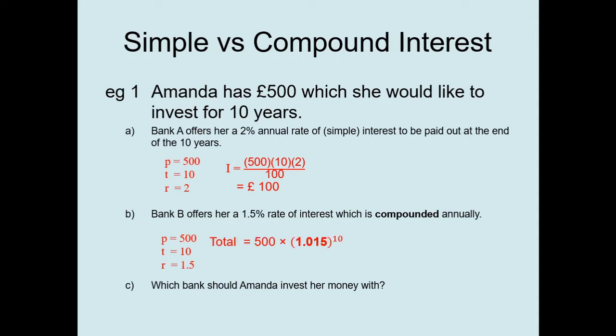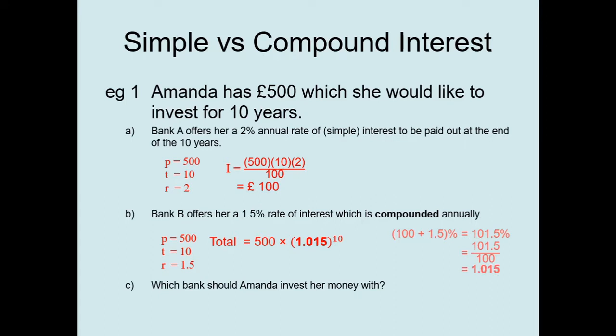So although this may look a bit confusing to you, it's an oversimplification of what we started with. Remember, we're increasing 500 by the 1.5%. That's finding 100% plus 1.5% of the 500. Well, 100% plus 1.5% would be 101.5%, which I could write simply as a decimal by dividing the percentage by 100, is 1.015.